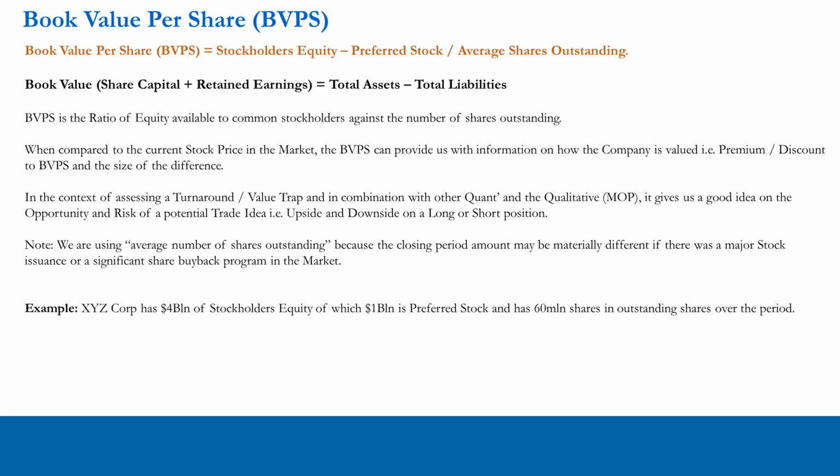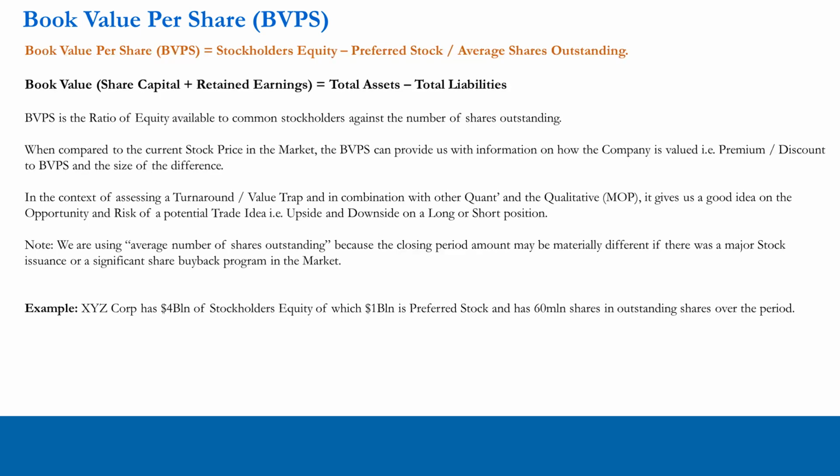So let's say we have a company, XYZ Corporation, and they have $4 billion of stockholders' equity, of which $1 billion is preferred stock, and they have 60 million shares outstanding over the period.